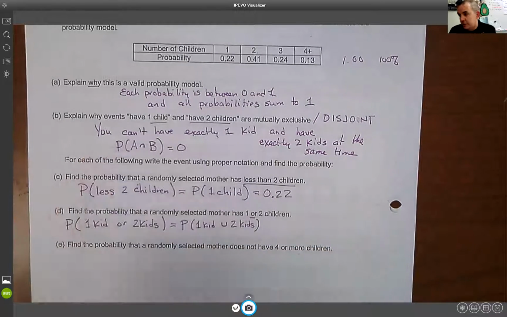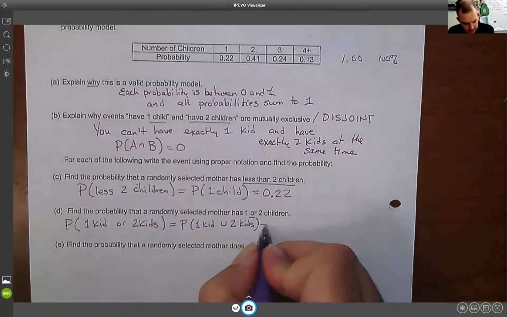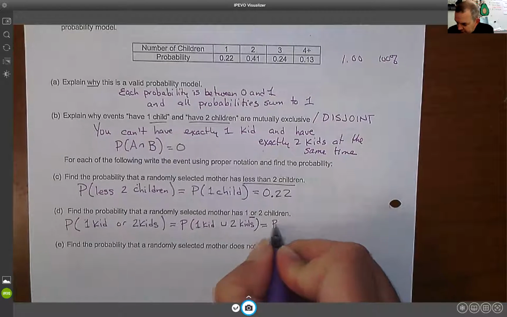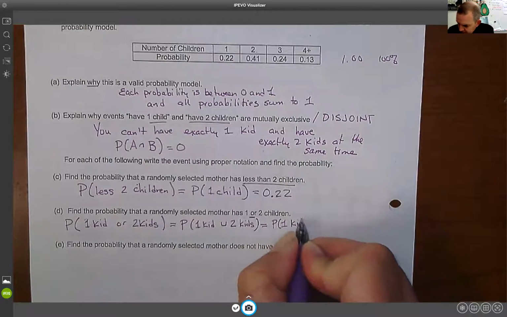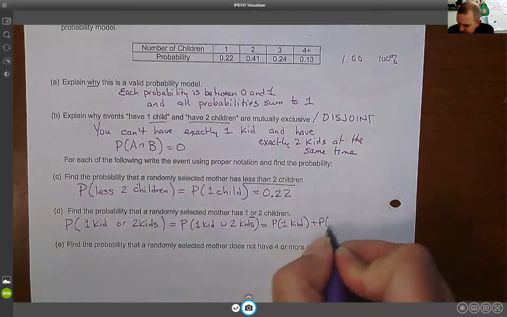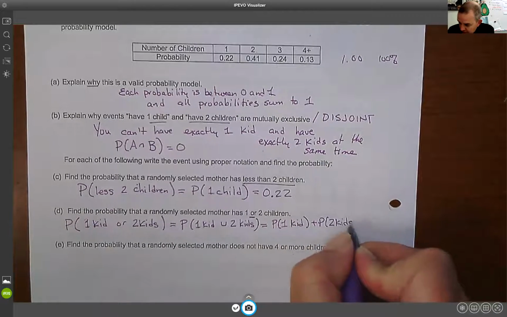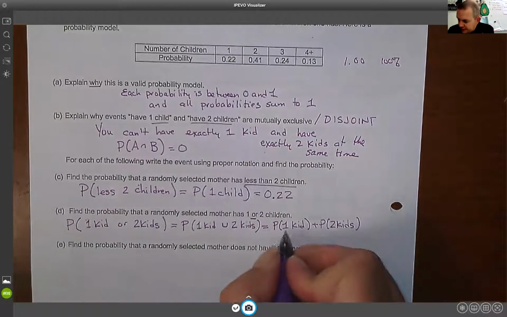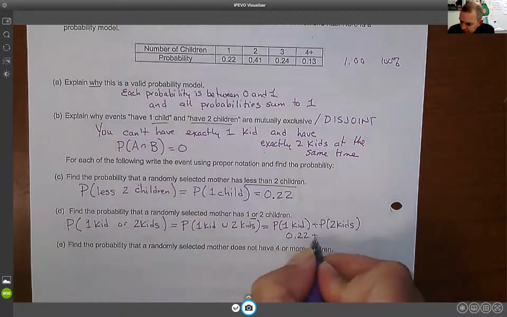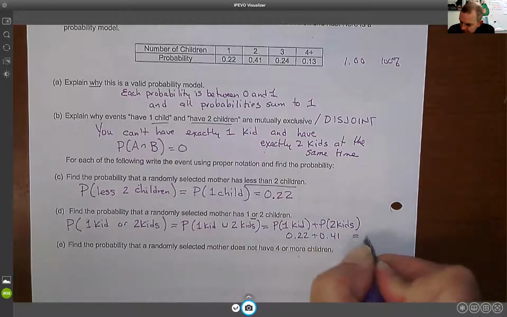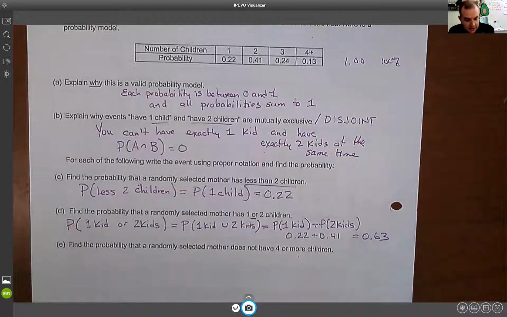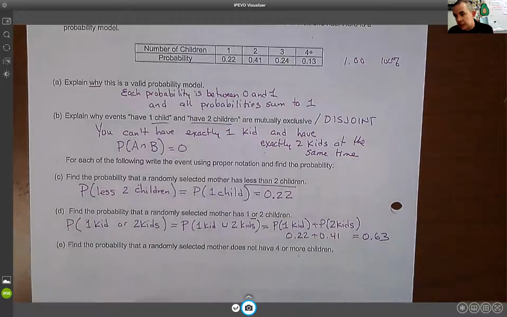Well, we already said that those are mutually exclusive. So I'm allowed to say that's the probability of having 1 kid plus the probability of having 2 kids. Because there is no overlap, I can just add the 2 probabilities together. 0.22 plus 0.41 tells me I got about a 63% chance of having 1 or 2 kids.